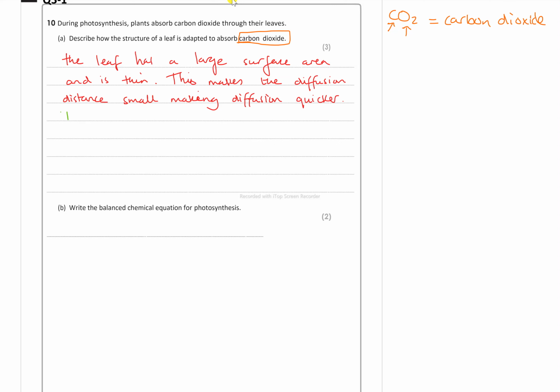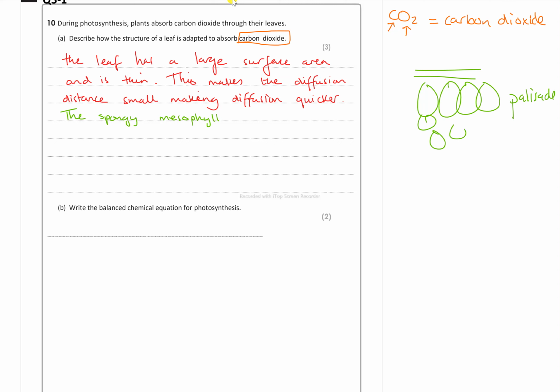Right, the spongy mesophyll. So remember we said you've got your palisade layer at the top, that is called palisade, and this layer here is called the spongy mesophyll layer.